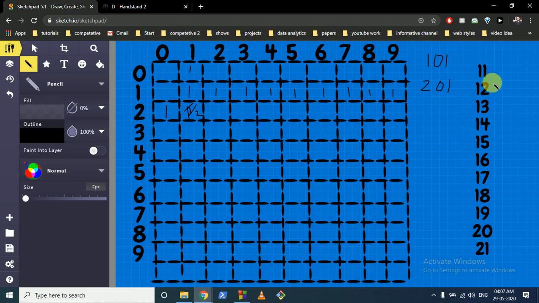So let's take the example of these two. These two will form a pair with this. Every number of the category 1, 2 will form a pair with all the numbers such that it will be 2, 1, or 201, or any number which starts with 2 and ends with 1.